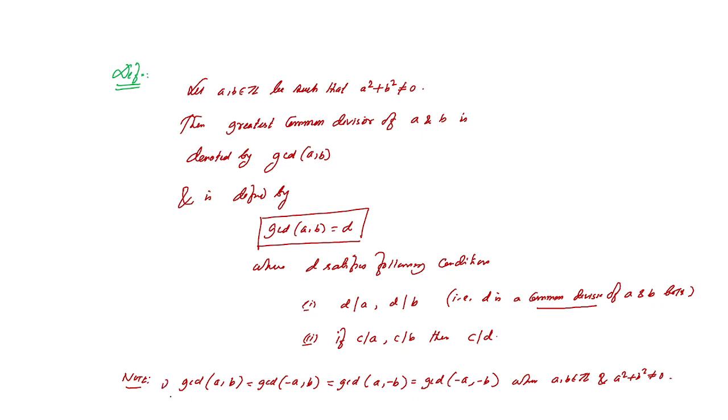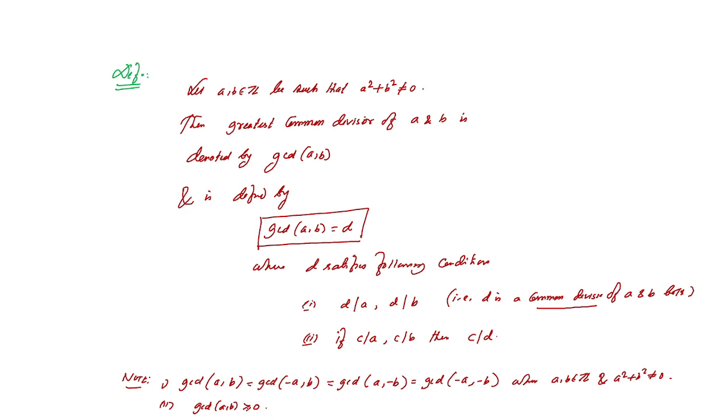From that condition, we can conclude GCD of A, B is always non-negative, greater than or equal to 0. Whatever the GCD of A, B is, it is always non-negative.